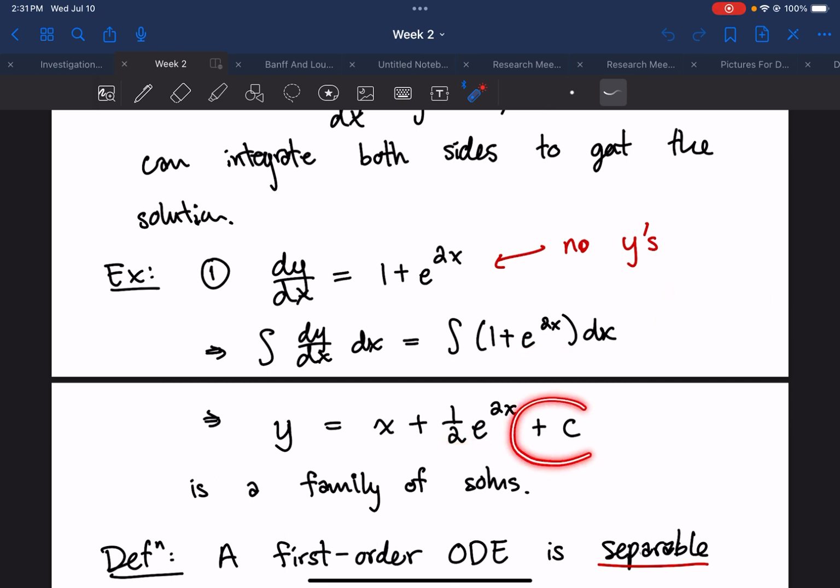And then you have to be careful. Always, always, always tack on the constant. So in Calculus 1, for about a week, there was a big fuss made about tacking on the constant at the end when you do an indefinite integral. It's incredibly important that you do that every time in differential equations, because what we want is often a family of solutions.